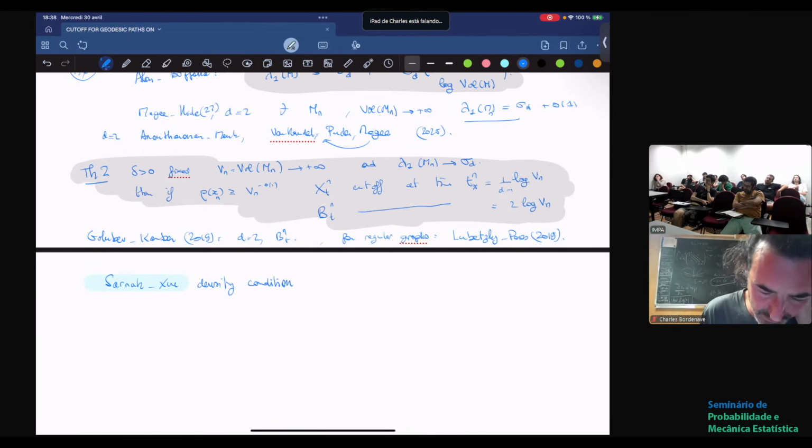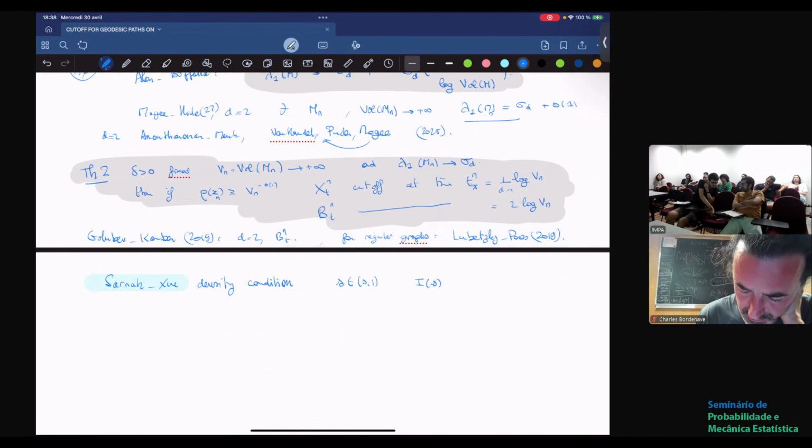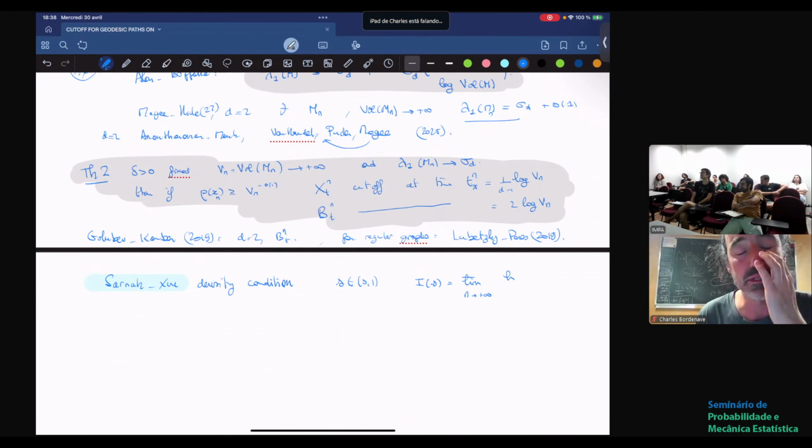You define, for S in 0, 1, you define I of S, which is the limit as n goes to infinity, so it's a lim sup, of the log of the growth rate of the number of eigenvalues of your manifold which are below the interval 0 to sigma d.